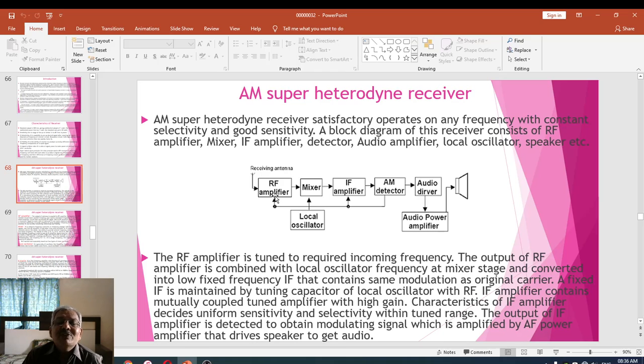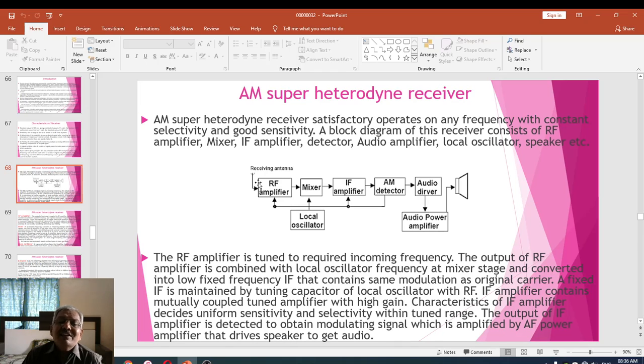It makes use of several stages of the amplifier to achieve the required gain for the incoming signal. As the signal received by the receiving antenna is weak, it should be amplified to the required level.